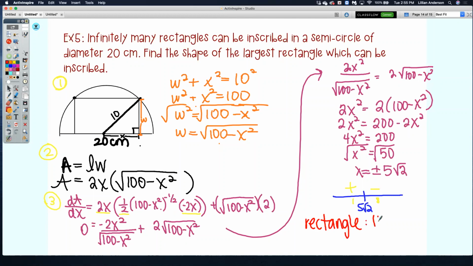It's going to have to be 10 square root of 2 centimeters by how many centimeters? Let's plug it into W. That's going to be 100 minus 10 root 2 squared. Oh, I'm sorry, not 10 root 2. I'm sorry. 5 root 2.